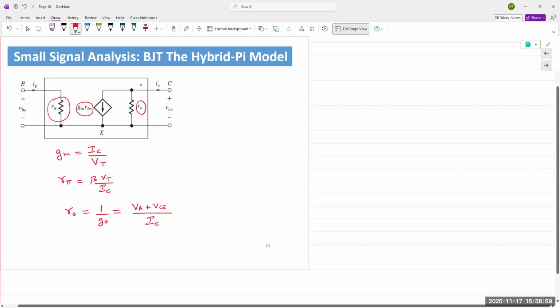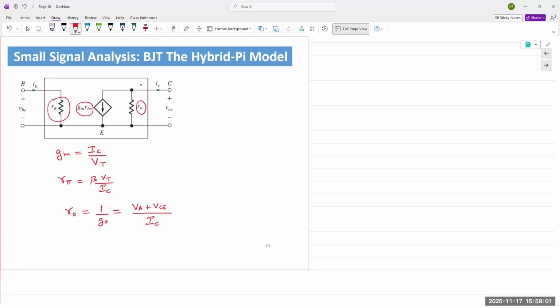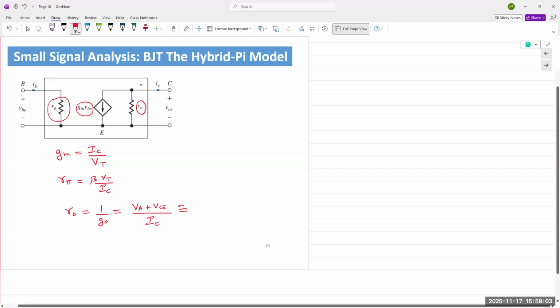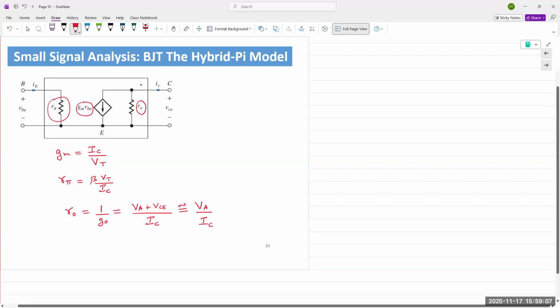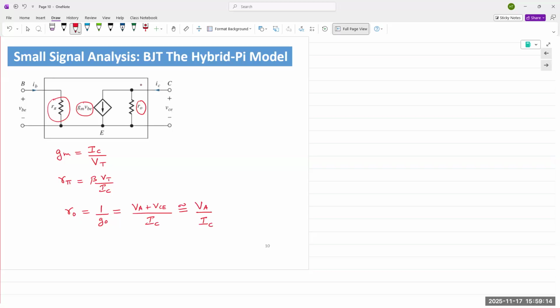The early voltage is far larger than VCE, and so we can write this as approximately equal to the early voltage divided by IC. And that's why early voltage is important in the design of systems. This allows us to calculate what the output resistance would be for any given value of IC.